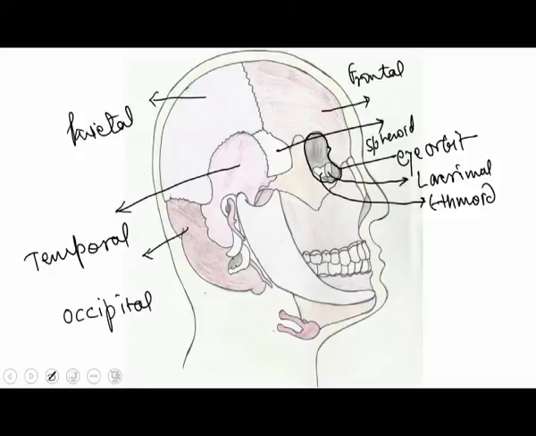Now in close proximity to the eye orbit, on the lateral side, you have another bone that is called zygomatic. Then of course you have the complete movable bone, and that is called mandible.